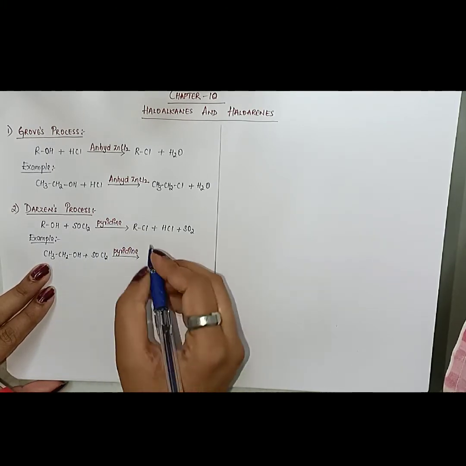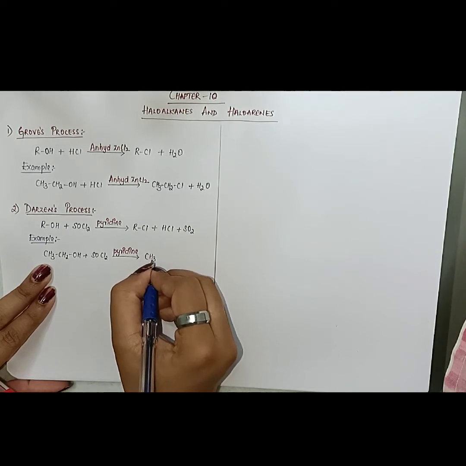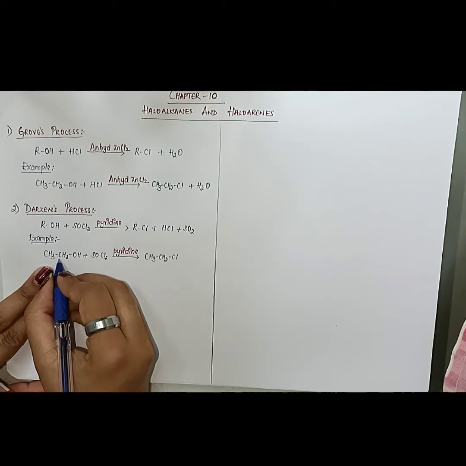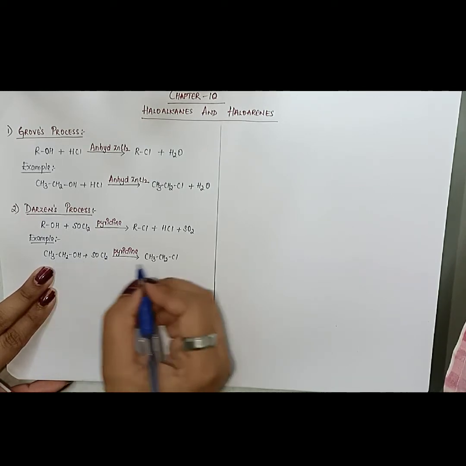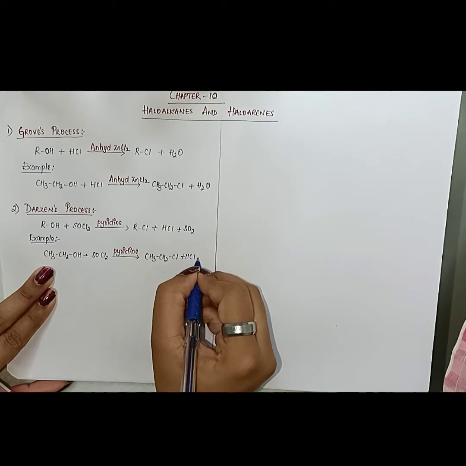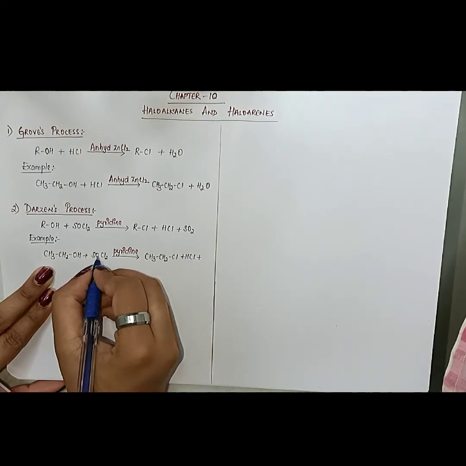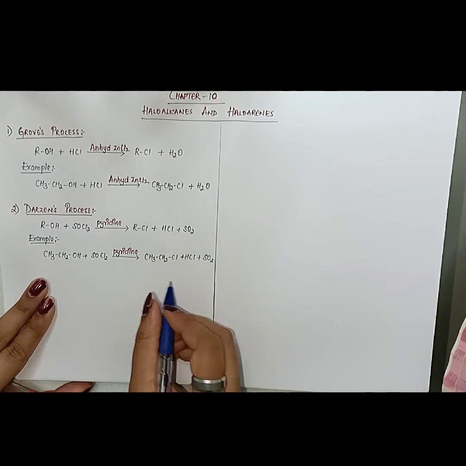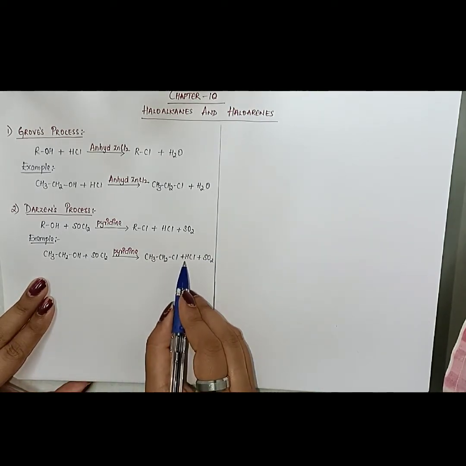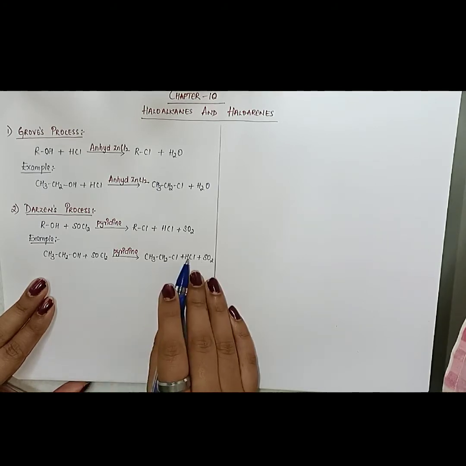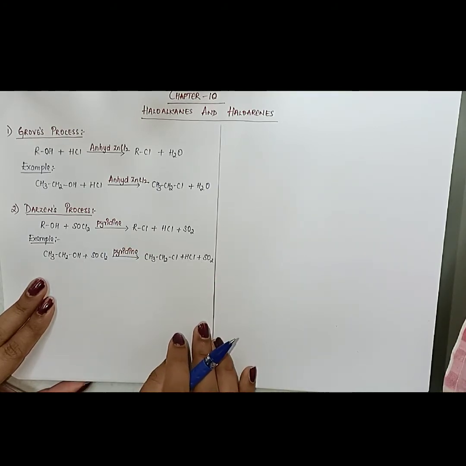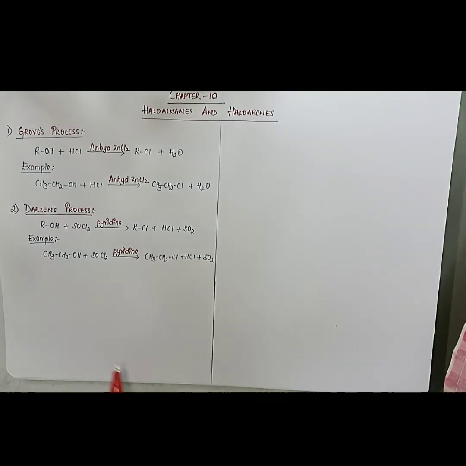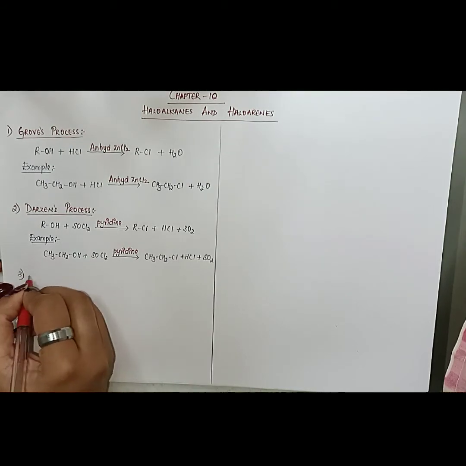This will pick up a Cl and form CH3, CH2, Cl. So one of the Cl has moved here. The other Cl here will pick up hydrogen and form HCl. SO and this oxygen will combine to give SO2. So this way, if you know how to combine these elements and form your product, your name reactions will become much more easier.